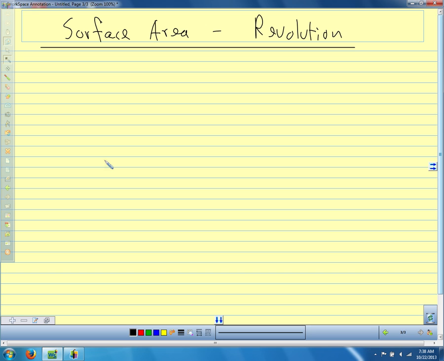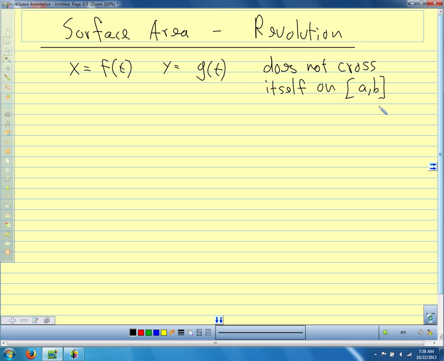All right, so we have a smooth curve. So we're saying our curve is behaving nicely. We're starting with our parametric equations again: x equals f of t, y equals g of t. And it doesn't cross itself on AB, except maybe at the endpoints, so we could have a closed curve.